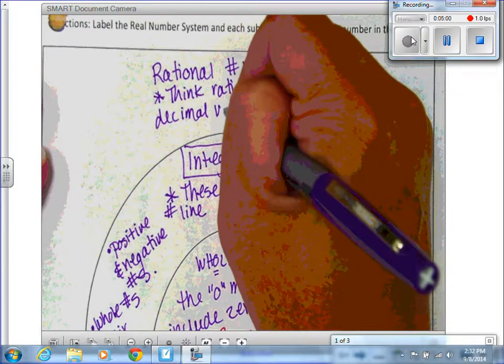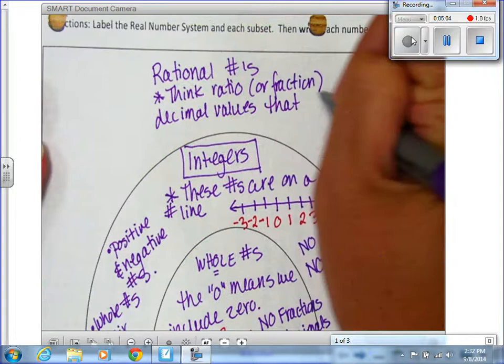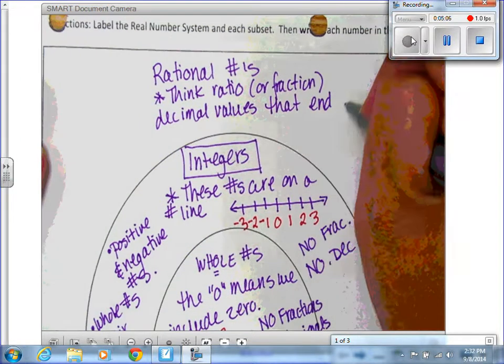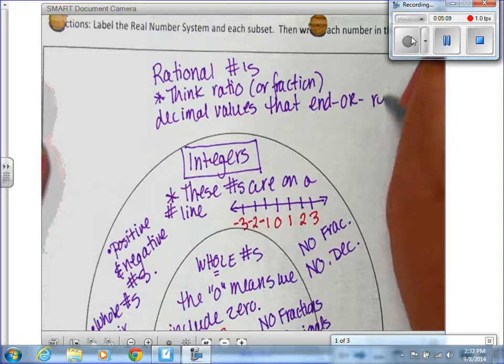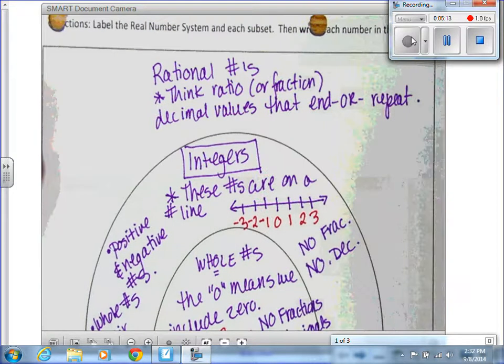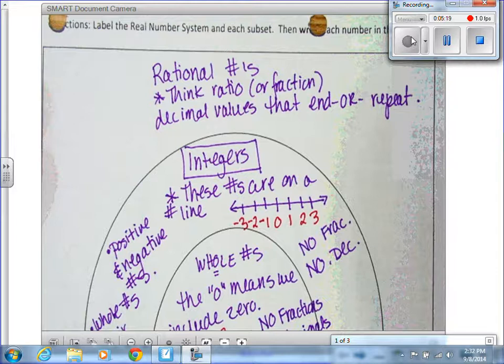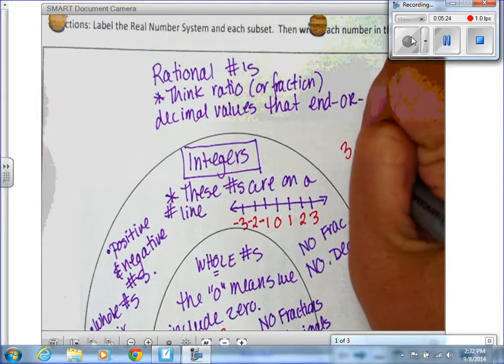These are decimal values that end, or they might repeat, like a repeating decimal. So those are our rational numbers. Any decimal number that ends or that repeats. For example, 3.5.